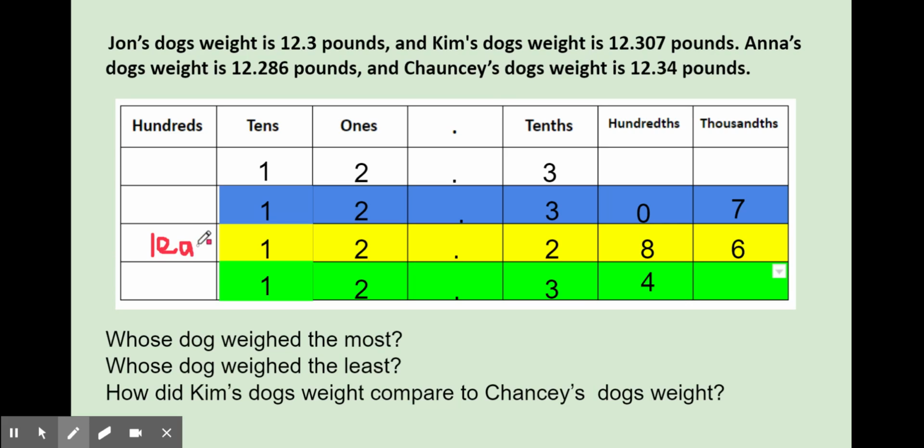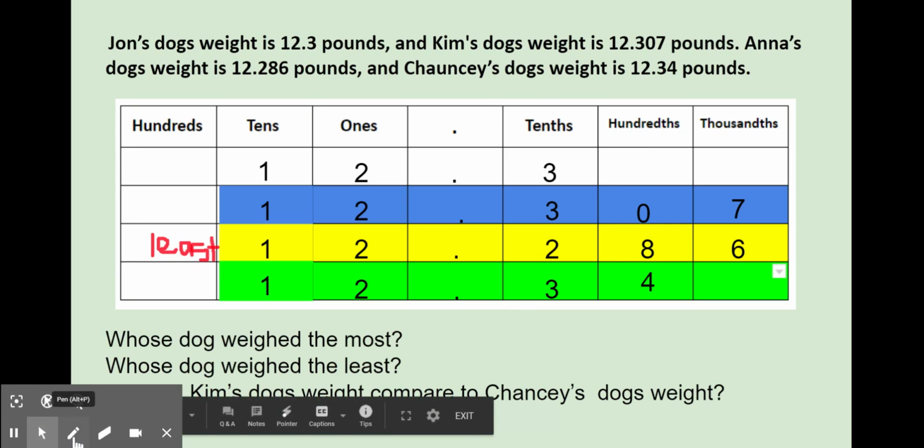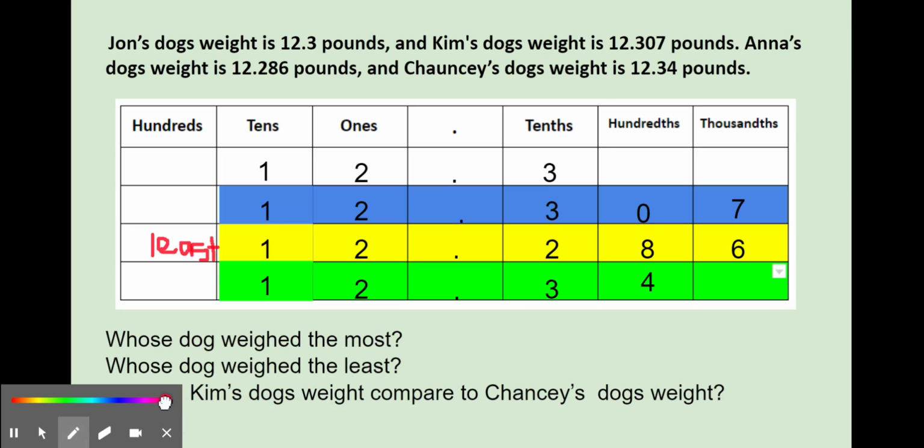This number right here is the least. All right, so we're no longer comparing this number because we know that this number is the least. Okay, so going back to our tenths place, we have 3, 3, 3, so we'll move on to the hundredths place.